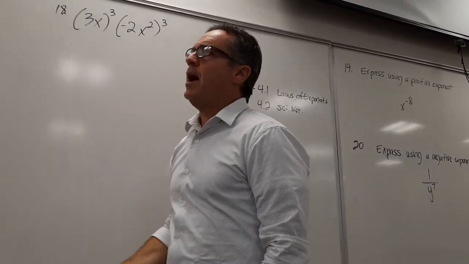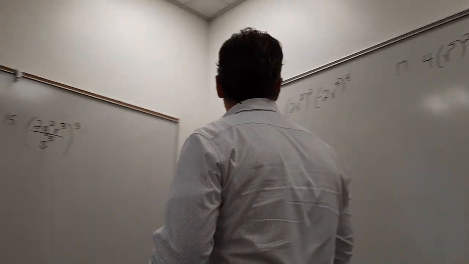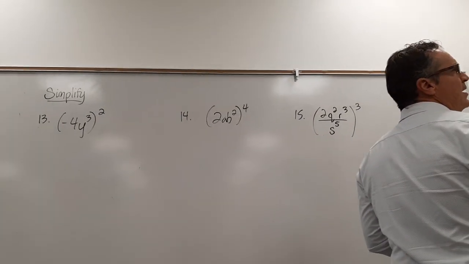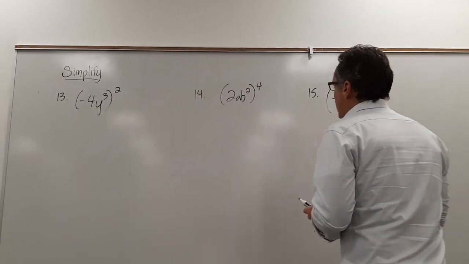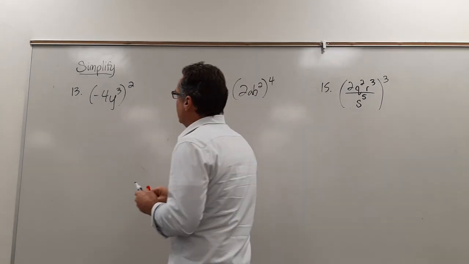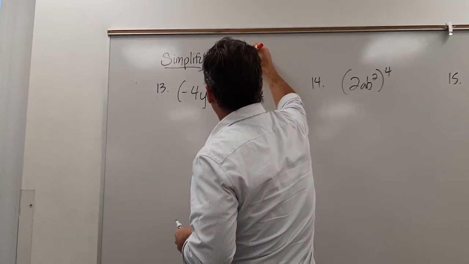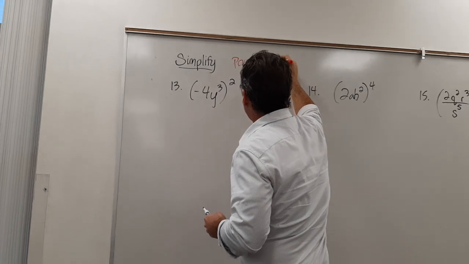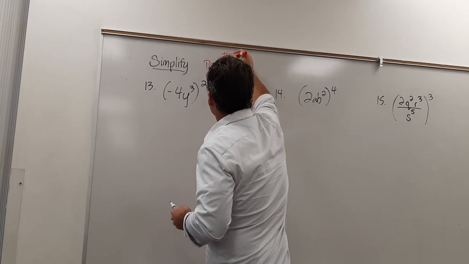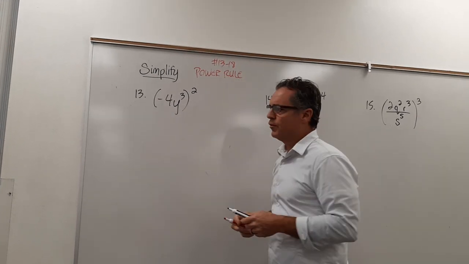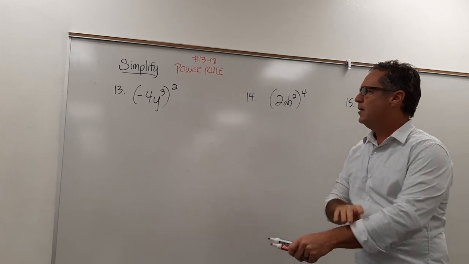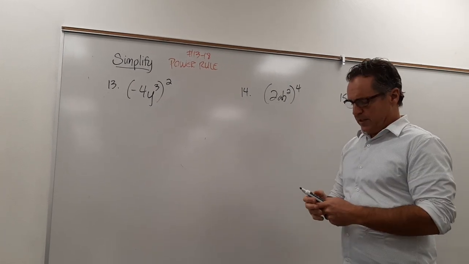So we come back over here at 13, 14, 15, basically 13 through 18. We're seeing a lot of power rule in 13 through 18. We'll obviously have to probably address some negative exponents, things like that. And a lot of this we discussed in class today.